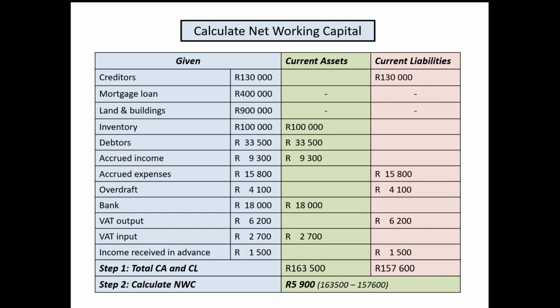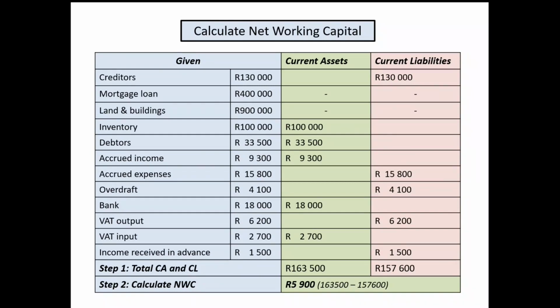So here you have creditors 130,000. Okay. Now you have to pay those creditors, so it is a current liability. You have your mortgage loan. Okay. Now, if they give it to you like that and they don't give you any way of calculating, they don't say to you that 100,000 is still due in the year, then you can ignore it.